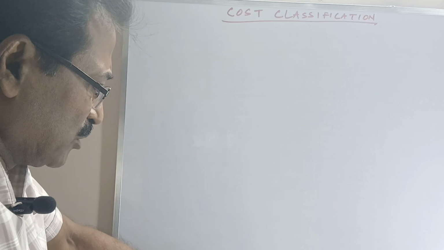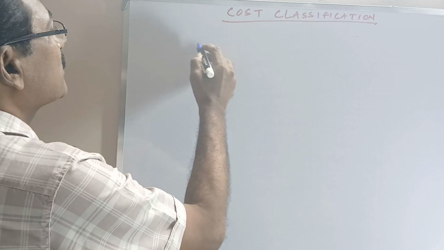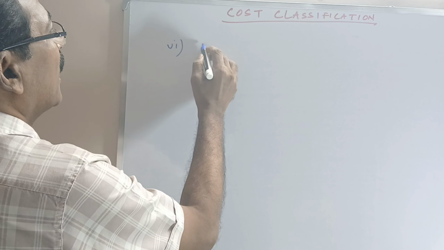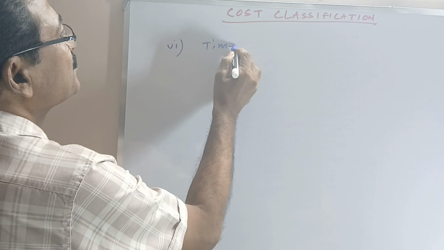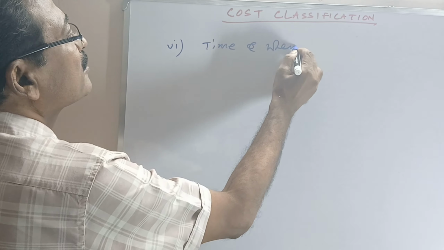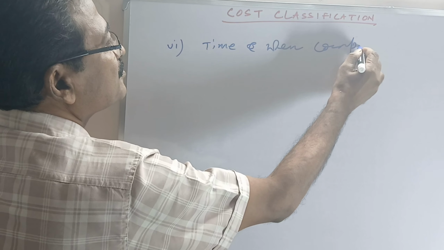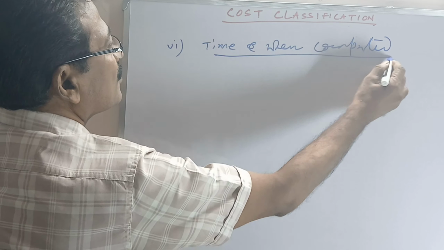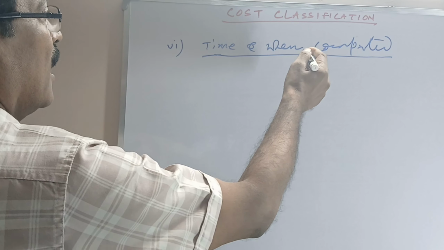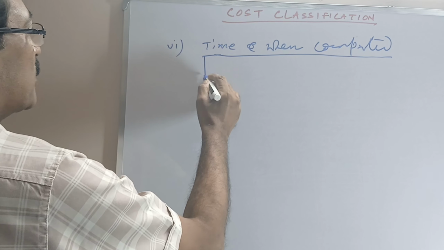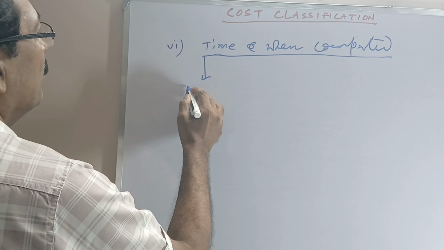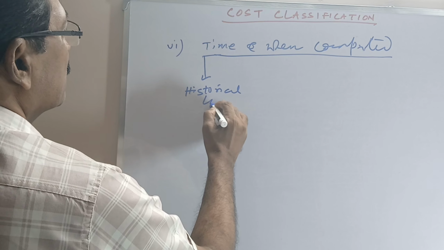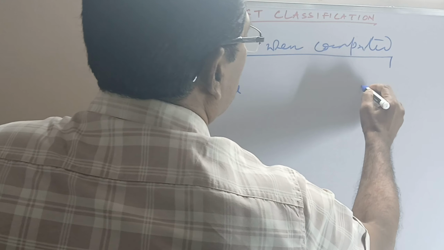Next, coming to the point, number 6, cost classification according to time and when computed. According to this basis, cost can be classified into historical cost and predetermined cost.